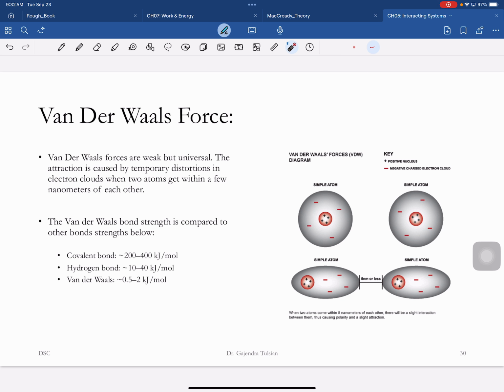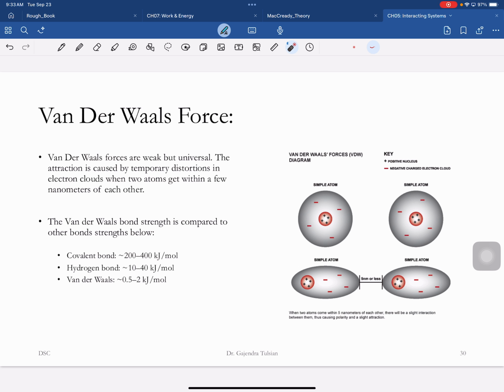But here's what happens. If you take two atoms and bring them close together, roughly about 5 nanometers close, which means roughly 10 times the size of an atom. If my fists are the size of an atom, if you bring them this close together, now they distort each other.